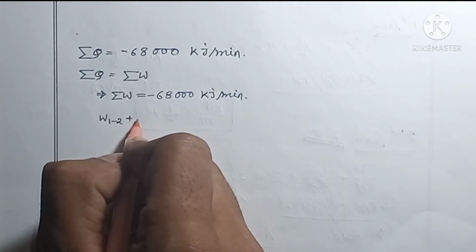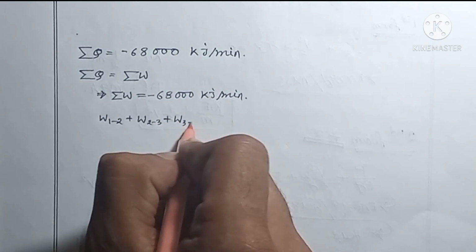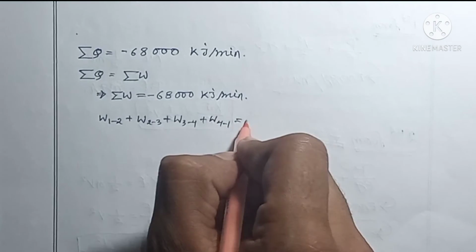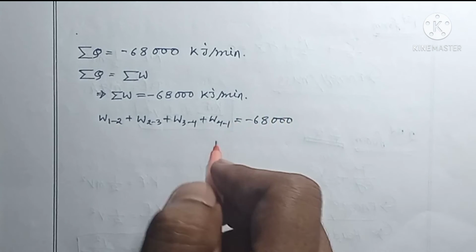Okay, so this summation of W is nothing but W12 plus W23 plus W34 plus W41 is equal to minus 68000. Am I right?